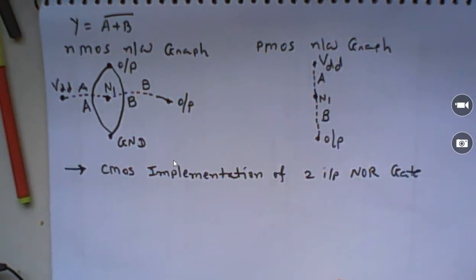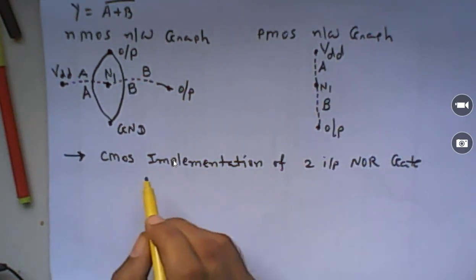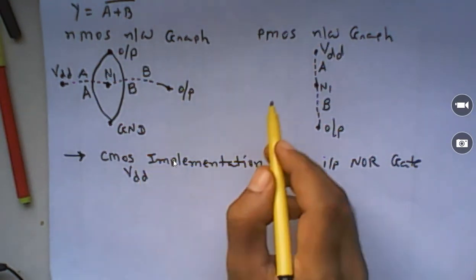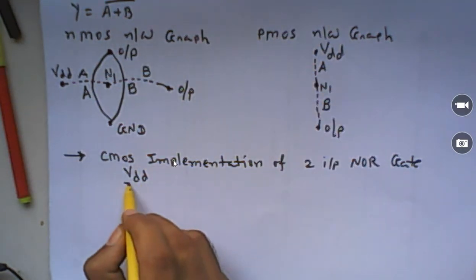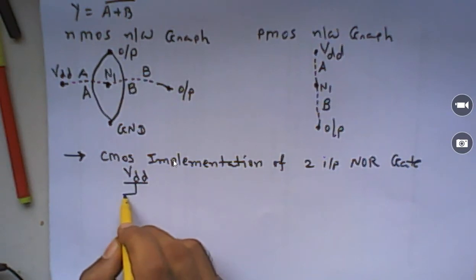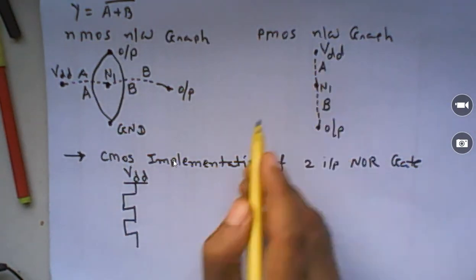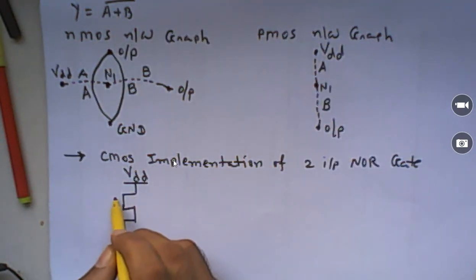So let's combine it. We know the CMOS network between VDD and output has the PMOSFET graph. Between VDD and output, both the PMOSFETs are connected in cascade for the implementation of the two input NOR gate.